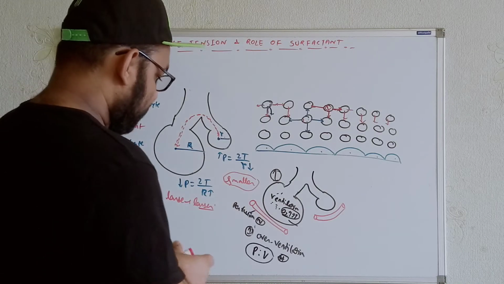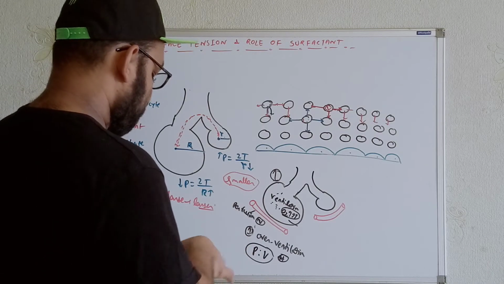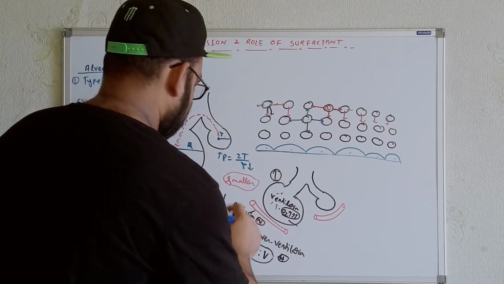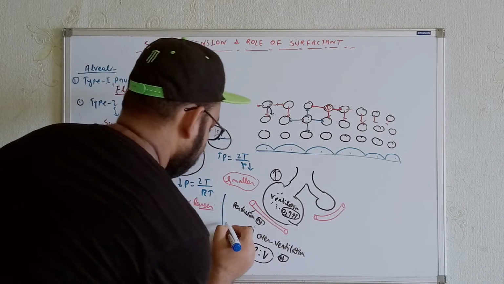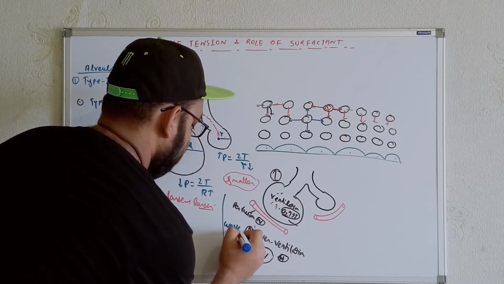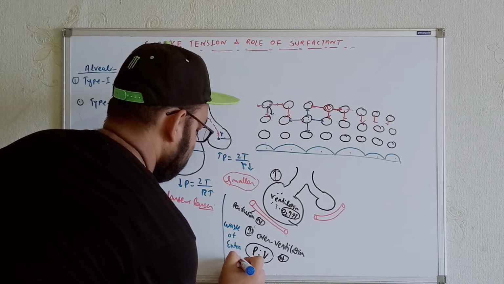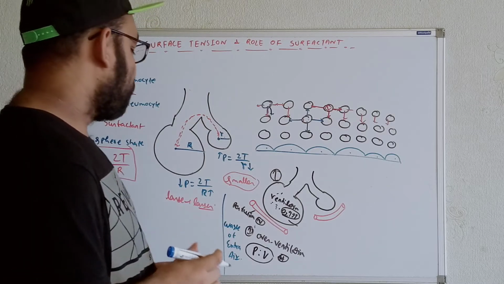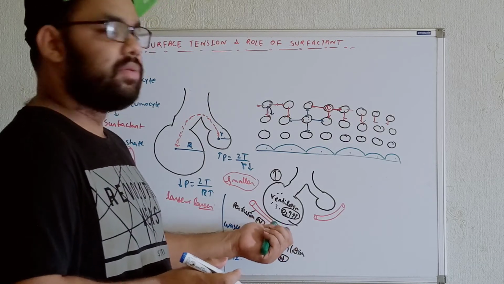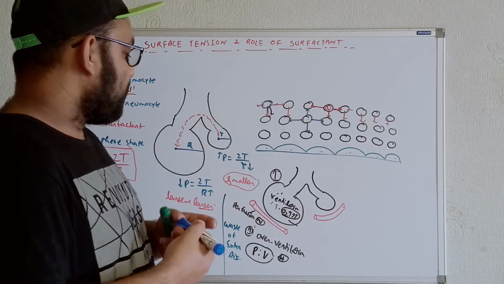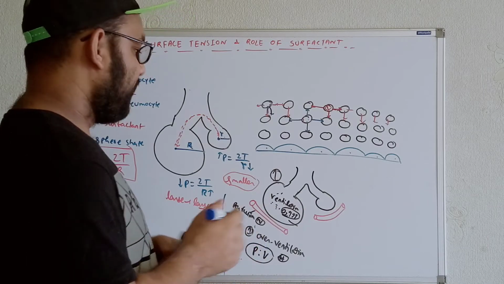As a result we will see the wastage of extra air. You can write it over here: extra air. Because all of the air will not be able to get exchanged with the blood vessels.